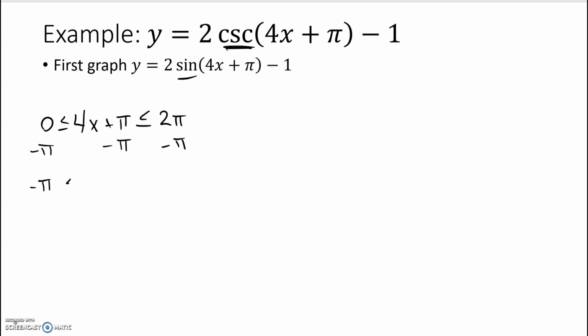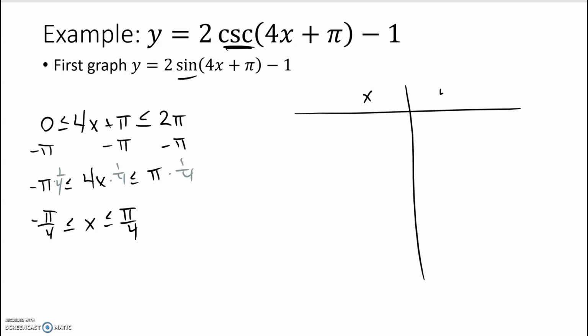That'll give me negative pi, 4x, and this will be pi. Then I'm going to divide by 4 or multiply by 1 over 4. So this is going to be negative pi over 4, x, and pi over 4.